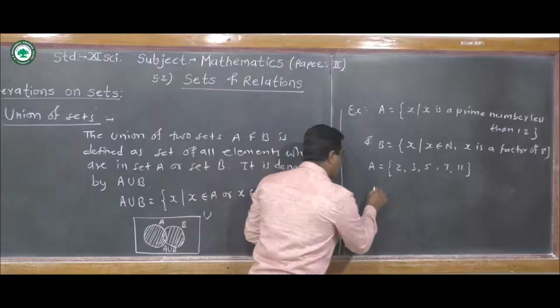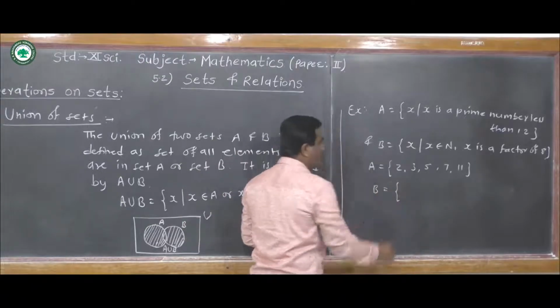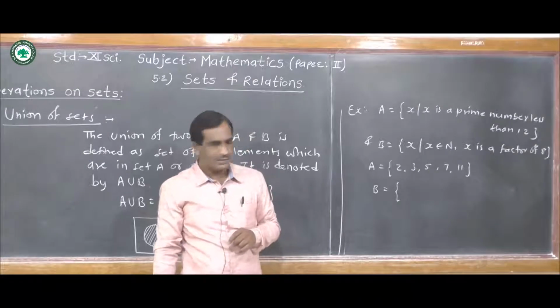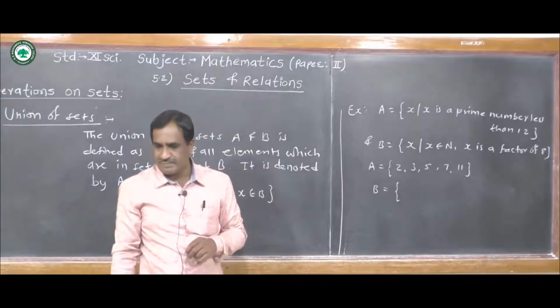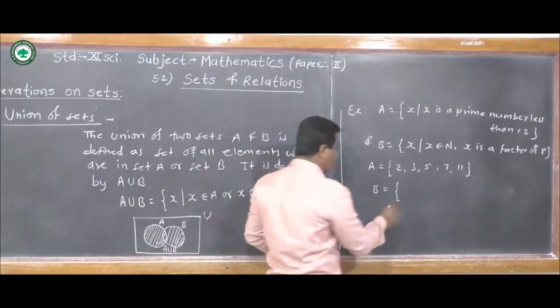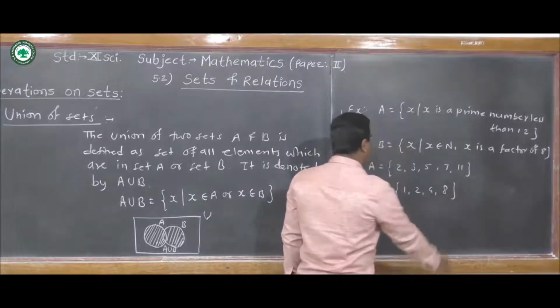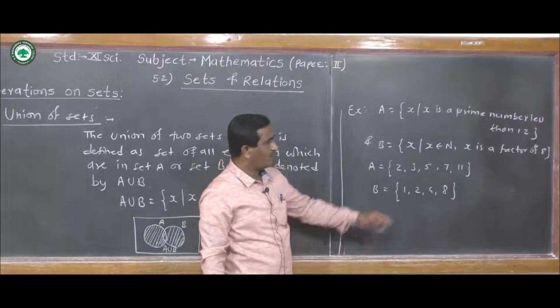And set B contains elements which are factors of 8 and belong to the set of natural numbers N, and these elements are 1, 2, 4, 8. These are the factors of 8.